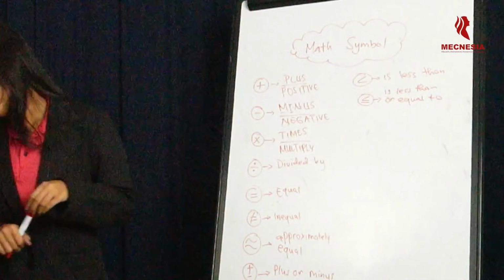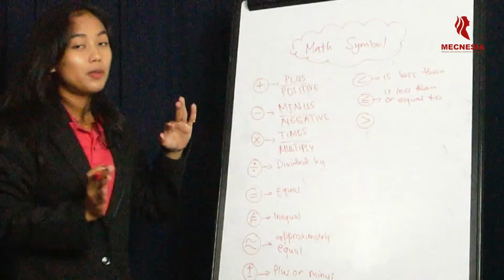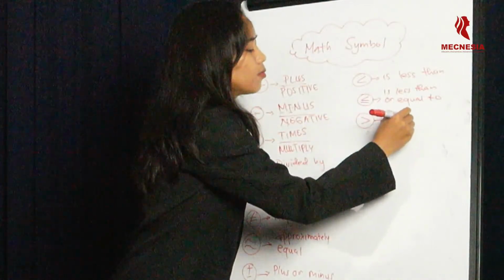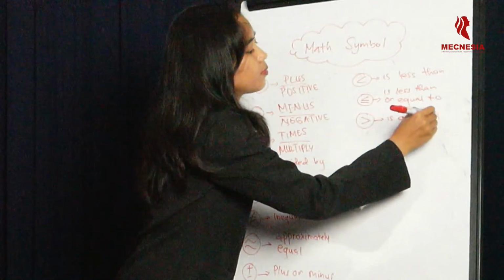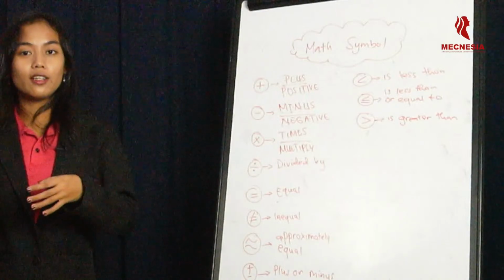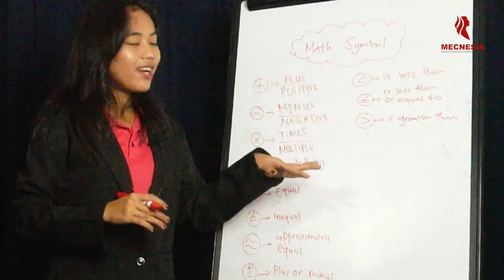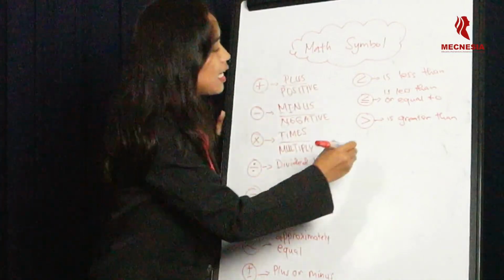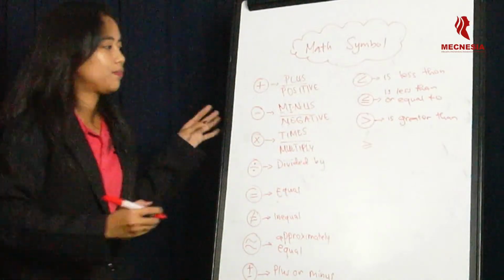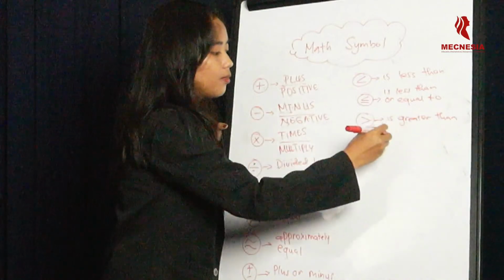Next we have lebih besar. Lebih besar in English is greater than. Is greater than. One more time. Is greater than. Next, kita punya lebih besar atau sama dengan. Lebih besar dari tadi is greater than.